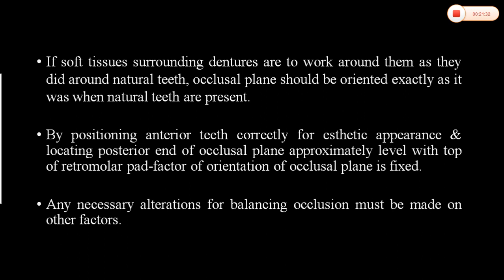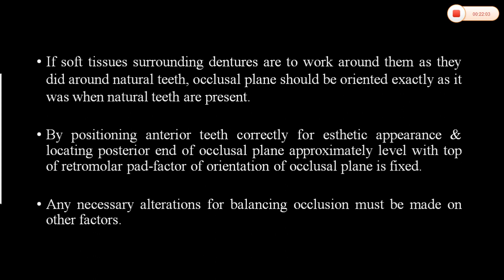By positioning anterior teeth correctly for aesthetic appearance and locating the posterior end of the occlusal plane approximately level with the top of the retromolar pad, the factor of orientation of the occlusal plane is fixed. So to fix the occlusal plane, two factors you have to determine. One is that the plane anteriorly should be aesthetically good. When we are arranging the maxillary and mandibular anterior teeth, the level of the upper and lower incisal edges should be aesthetically good.